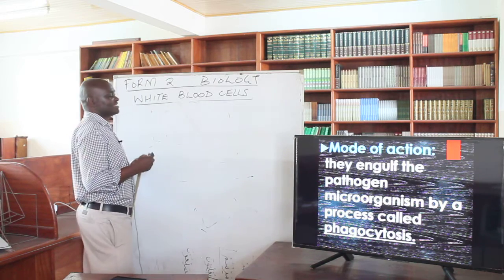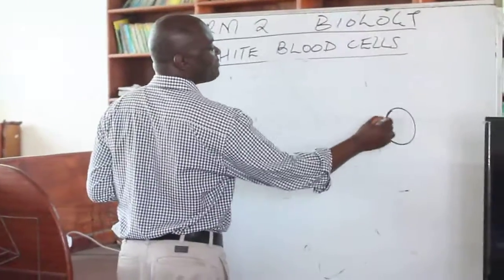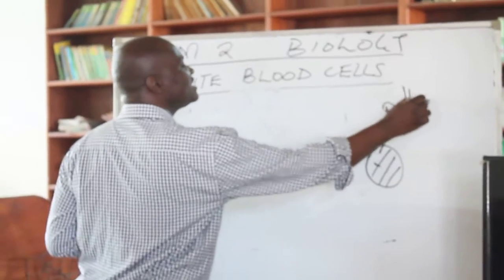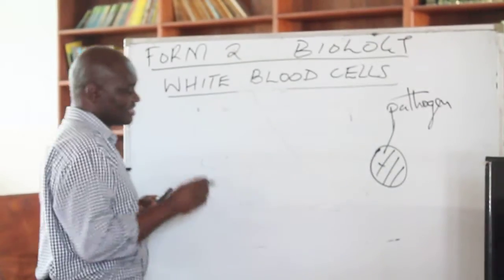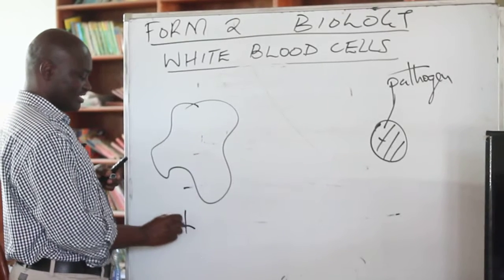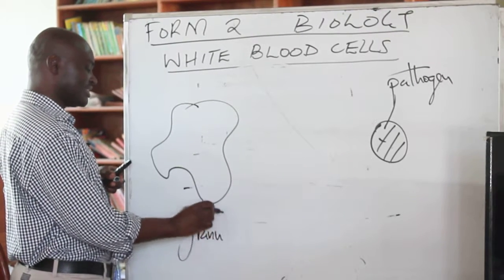So let us say that this is the pathogen, the disease-causing organism. And this is the granulocyte.